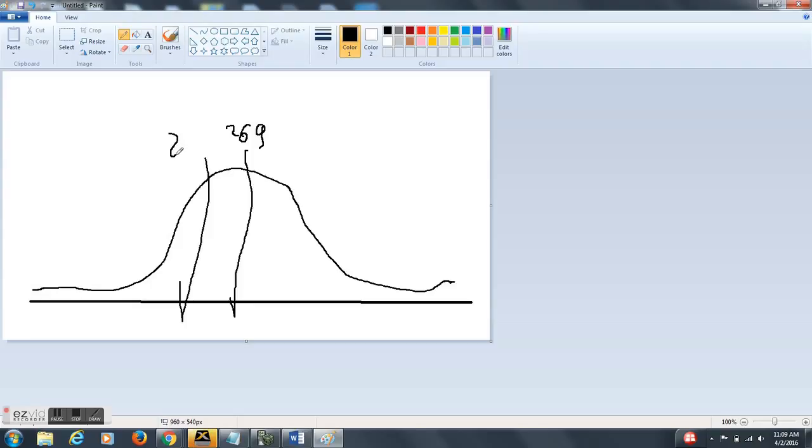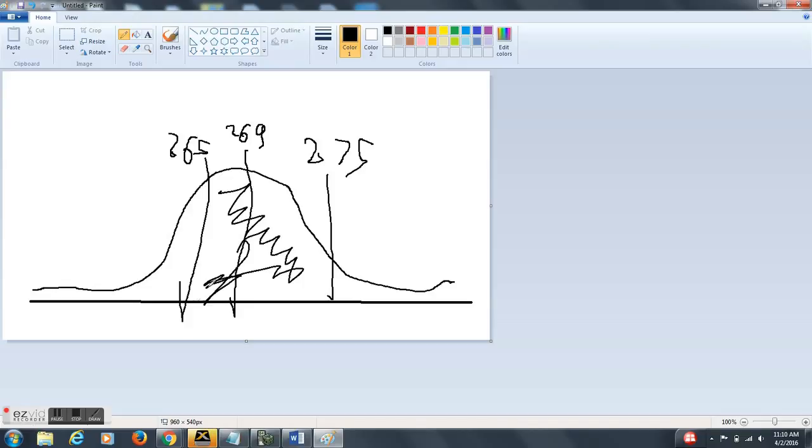I want to be between 265 and 275, and I want this area right here. So I'm going to convert both of these to z-scores and just go between them on my calculator.